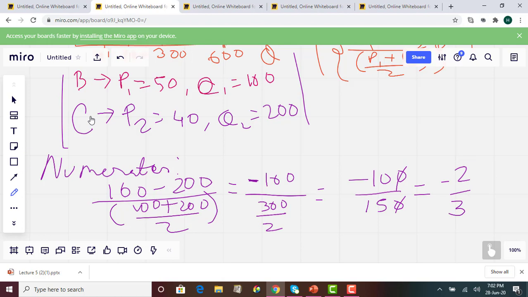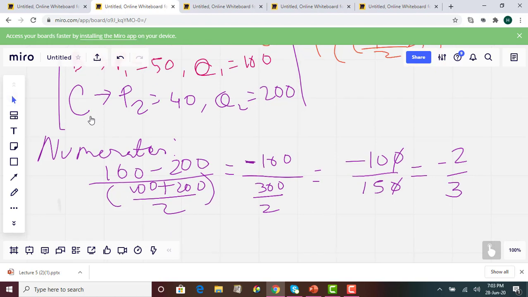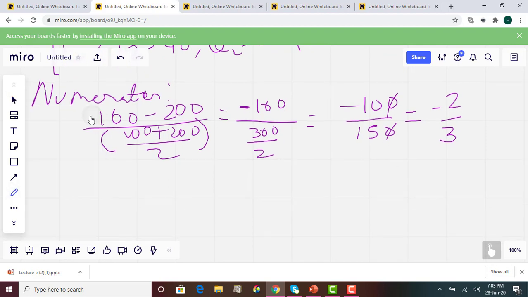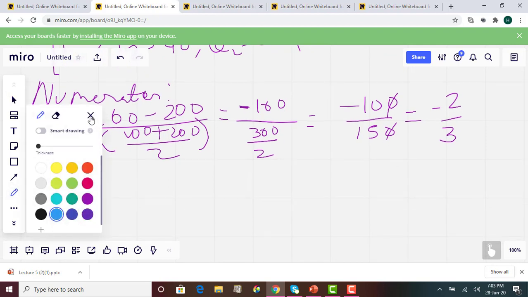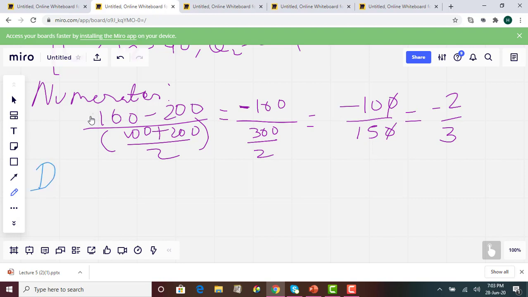We end up with a negative number, minus 2 by 3, but remember we will always take the absolute value, but we'll do that at the very end. Okay, then we calculate the denominator, which is the price part. The denominator will be P1 minus P2, which is 50 minus 40, divided by P1 plus P2, 50 plus 40, divided by 2.